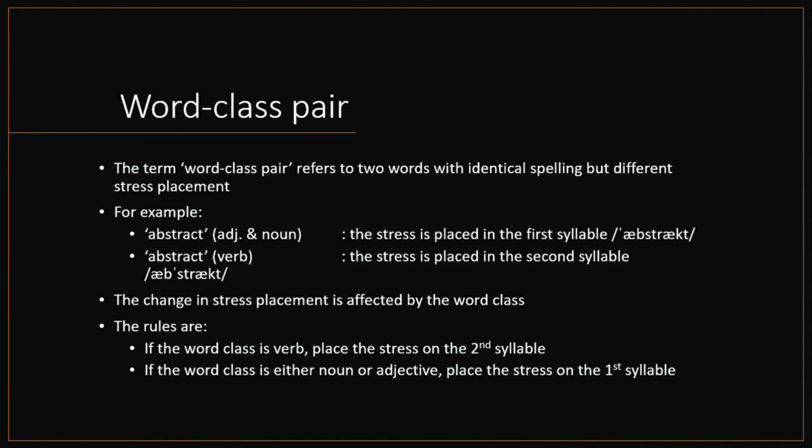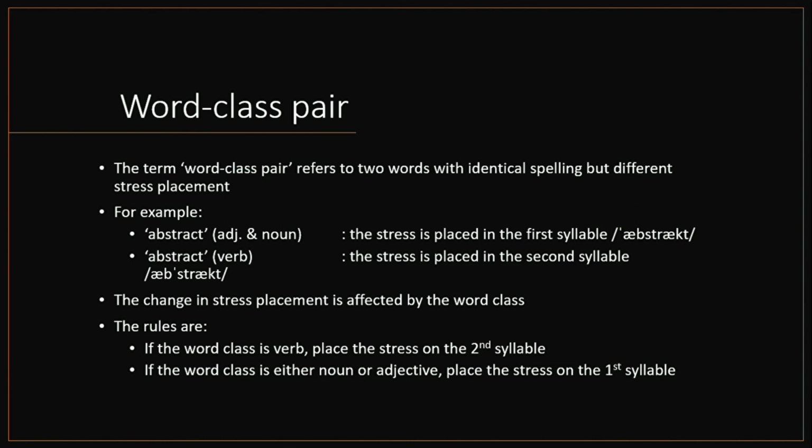But when you say the word abstract as a verb, the stress is placed at the second syllable. So we can see the difference. As a noun, abstract. As a verb, abstract.